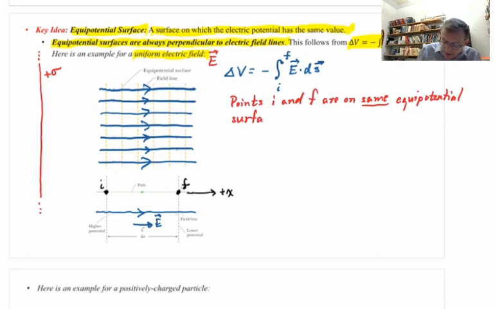So not what I just talked about down there, but maybe like right about here for I, and maybe right about here for F. Then, and I'm going to take a little step ds on that equipotential surface from I to F, okay? So ds is along the equipotential surface.